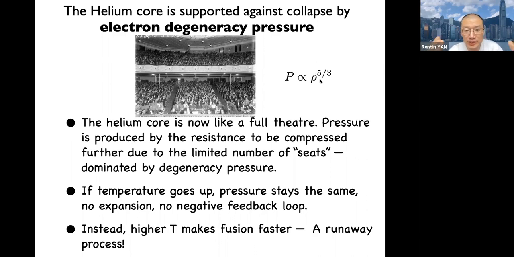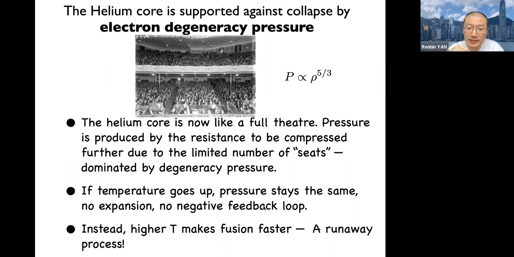So if temperature goes up, pressure stays the same. There's no expansion of the core. So there's no negative feedback loop that is formed. So in the center of a red giant star, because the pressure is partially supported by degeneracy pressure, if fusion of helium starts, it will raise the temperature.